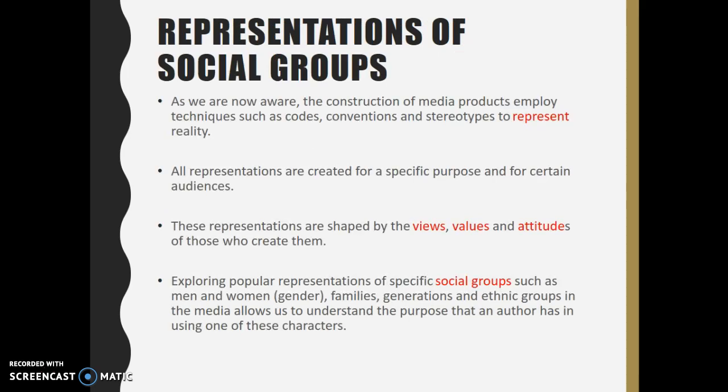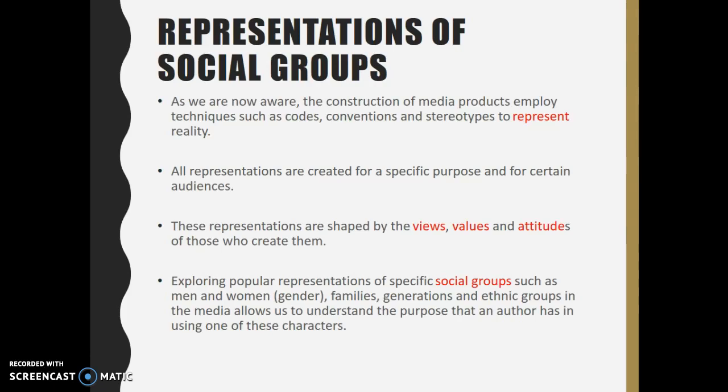Okay, so representations of social groups. As we are now aware, the construction of media products employ techniques such as codes, conventions, and stereotypes to represent reality. All representations are created for a specific purpose and for certain audiences. These representations are shaped by the views, values, and attitudes of those who create them.